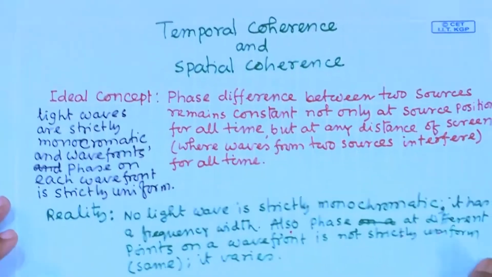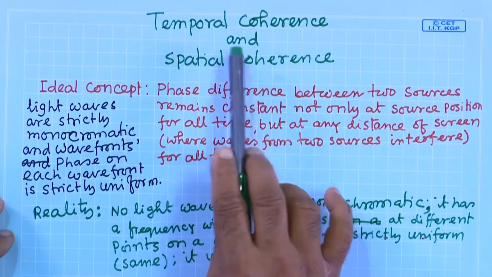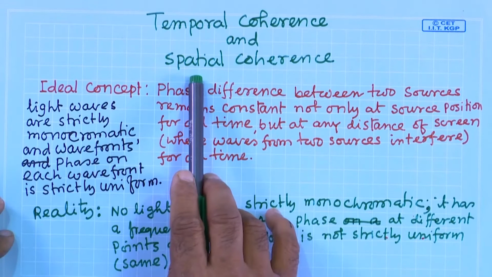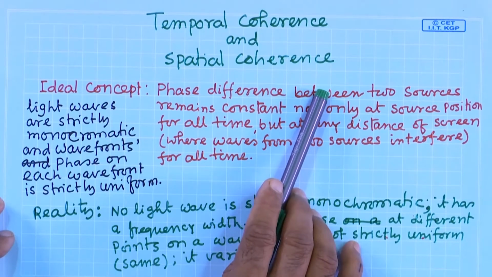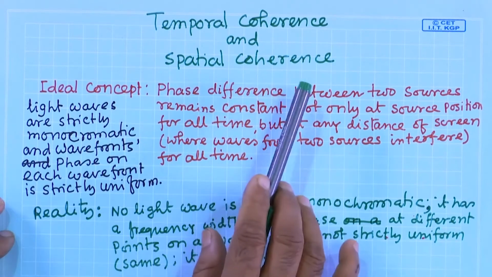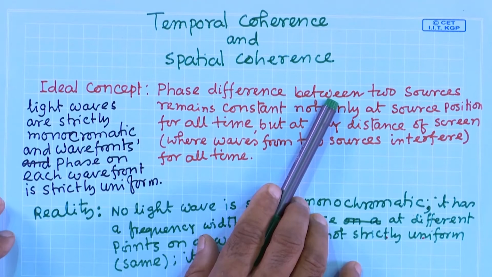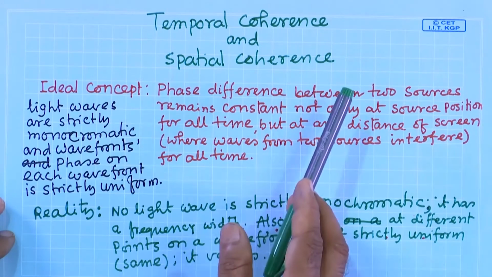This is called temporal coherence and spatial coherence. So, what are these two types of coherence? This is for getting the interference effect.